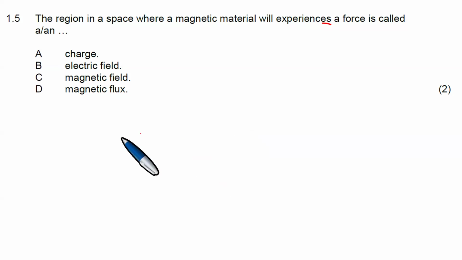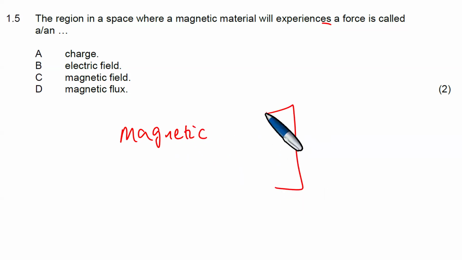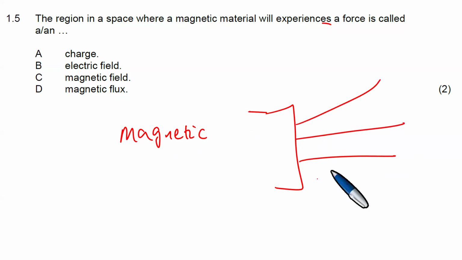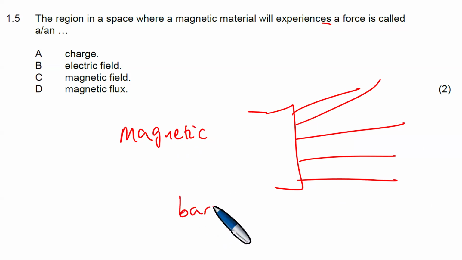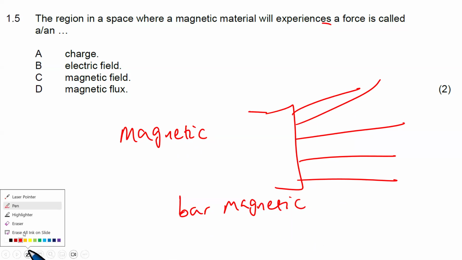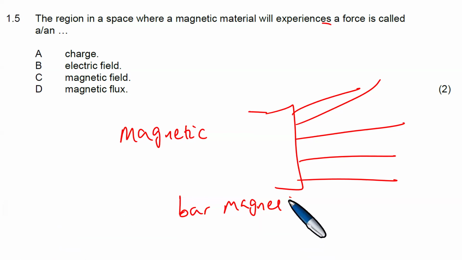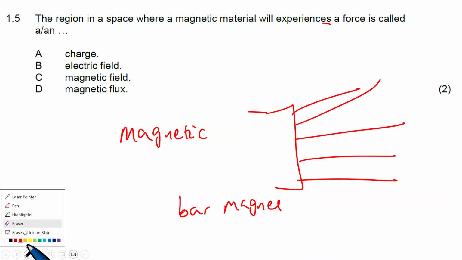Right, so in other words, if you take a magnet, and now here's the magnet, this is something called a bar magnet. What is a bar magnet? So now a bar magnet with the charge.